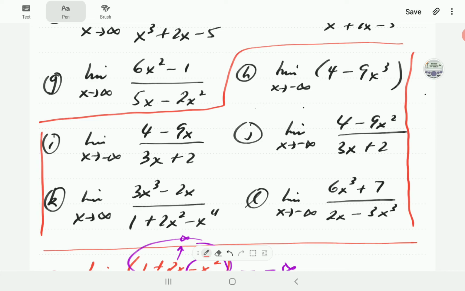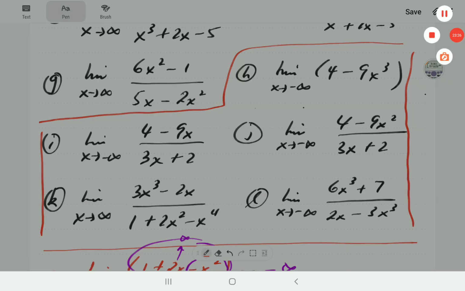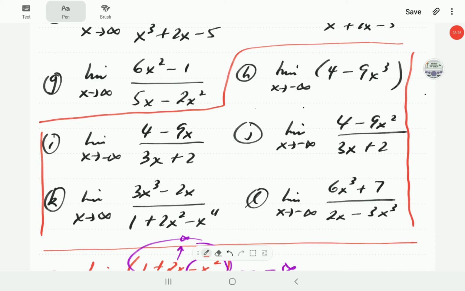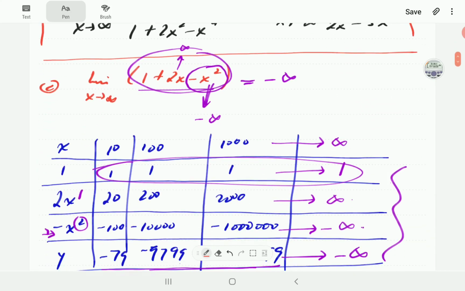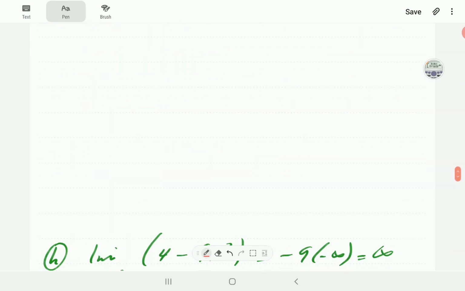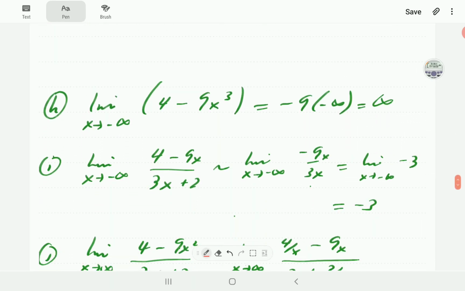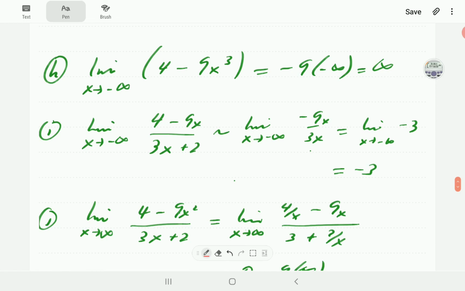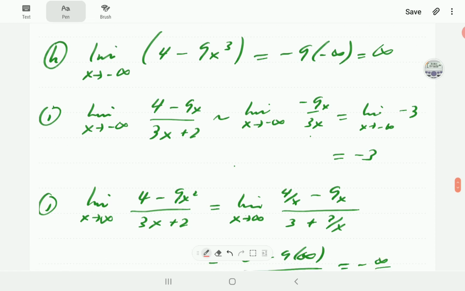All right. We're now going to scroll down to our solutions of H, I, J, K, and L. Okay, so in H, we have got the limit as x goes to minus infinity of 4 minus 9x cubed.